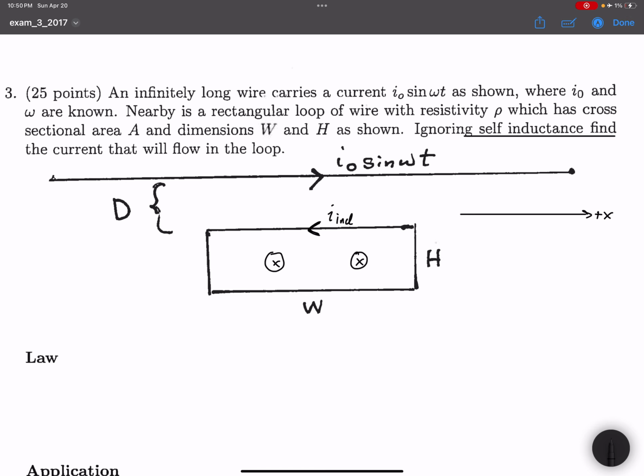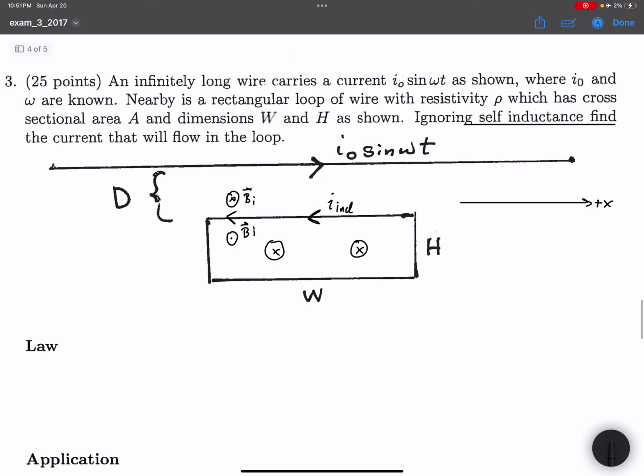Brooke has labeled her induced magnetic field, which would be here, B_i, if you will. We have our induced magnetic field there, but we don't have to worry about that because we're ignoring self-inductance. But it's always good to remember that there is another magnetic field there.